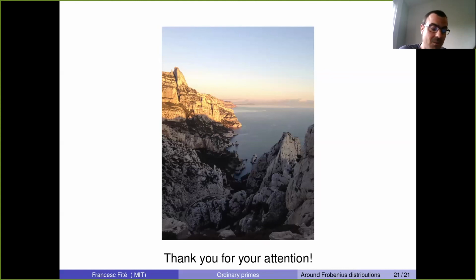This does not imply that over the base field it would have to be a rational number, but it kind of suggests it, I would say.